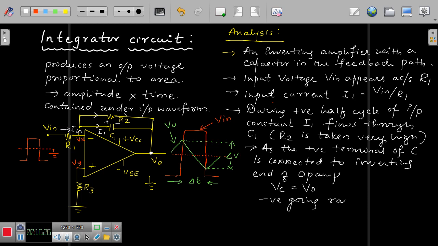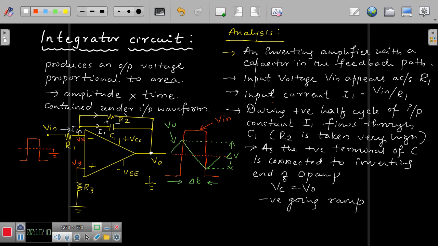It is going to be a negative going ramp because I have connected the input to the inverting terminal, and your V naught will be minus of the voltage across the capacitor. Since the charging current is a constant current, you are going to get a negative going ramp.